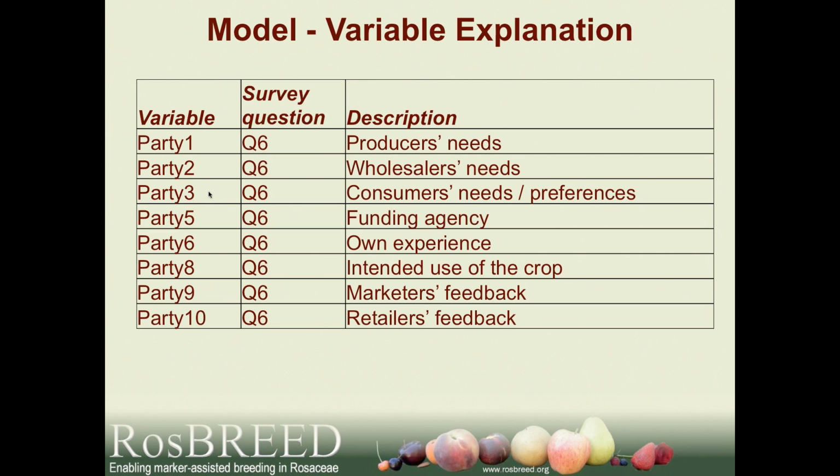Party 3 is consumers' needs. Party 5 is the funding agency. Party 6 is the own experience. Party 8 represents the intended use of the crop. Party 9 is the marketers' feedback. Party 10 is the retailers' feedback.